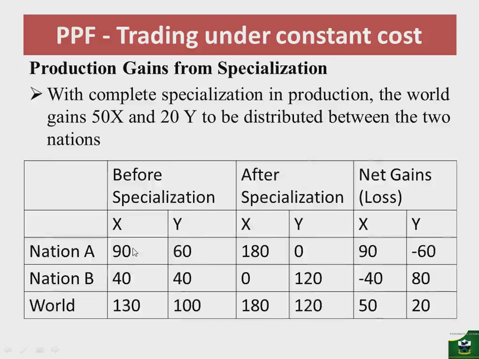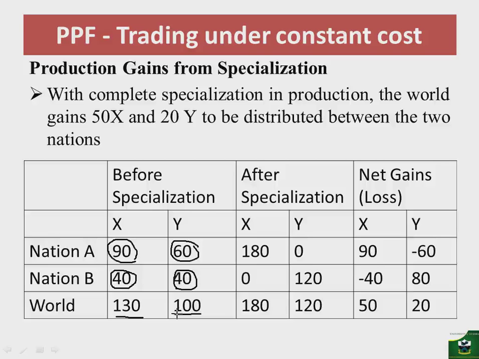Before specialization, note that nation A was producing 90 units of X and 60 units of Y. And nation B was producing 40 units of X and 40 units of Y. If we sum up the total production, we will have 130 units of X and 100 units of Y produced. This is the world production before specialization: 130 of X and 100 of Y.